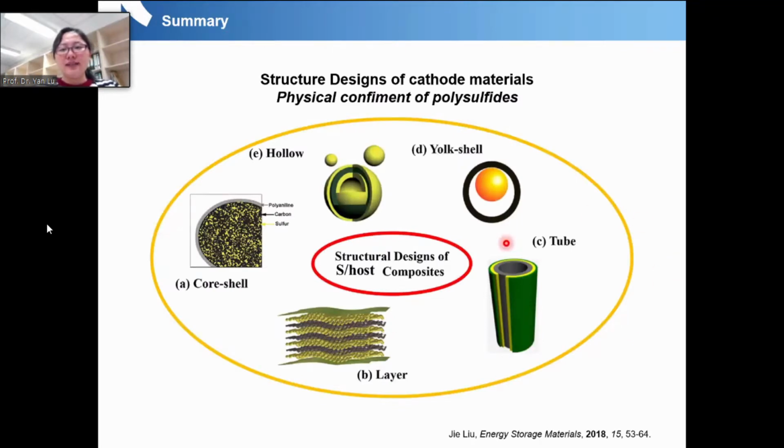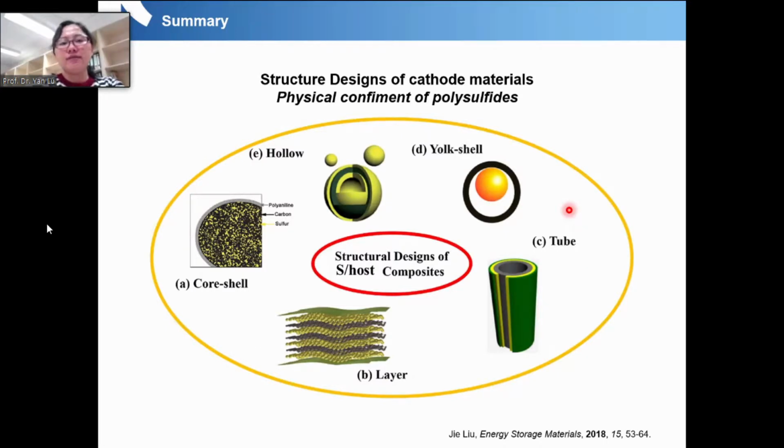So as a summary for the lecture today, considering the cathode material for the lithium sulfur battery, there are two strategies at the moment. One is the physical confinement, and concerning the physical confinement, we should pay attention to the structure design of such cathode material, which is mainly based on carbon.